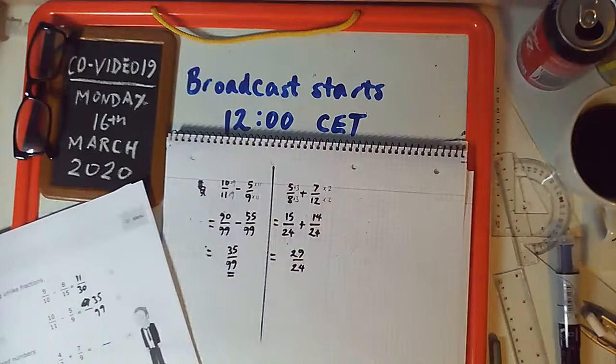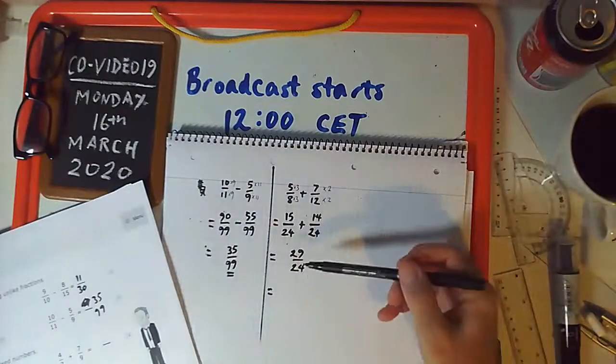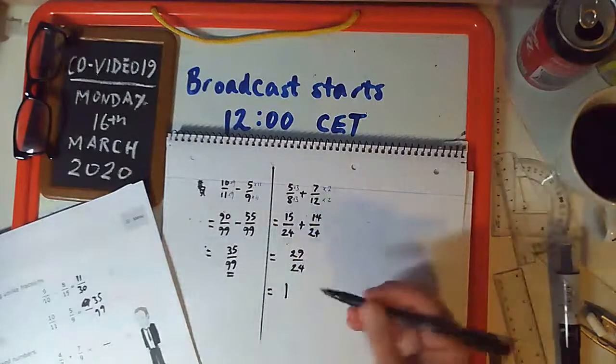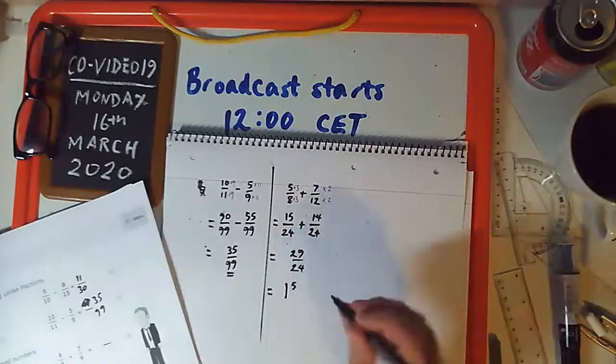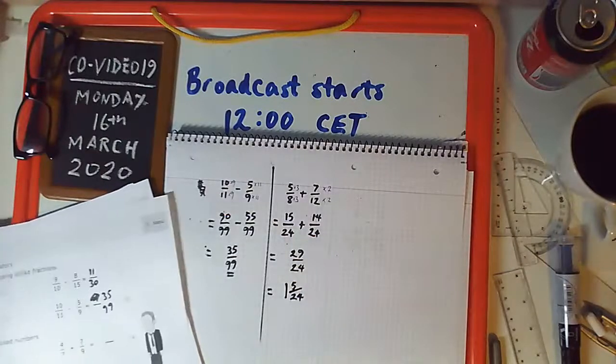And that's top heavy, or vulgar, or improper, or whatever you want to call that. So I need to write it as a mixed number. So 24 goes into 29 one time, but then you've got 5 left over. So the answer is 1 and 5/24.